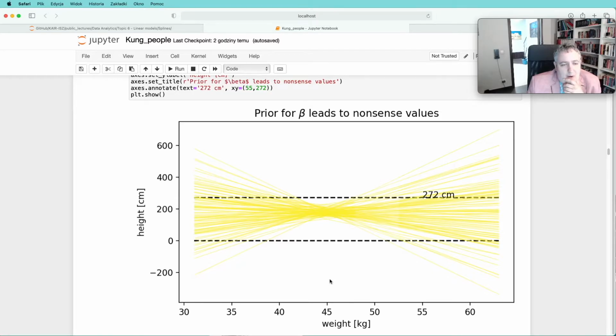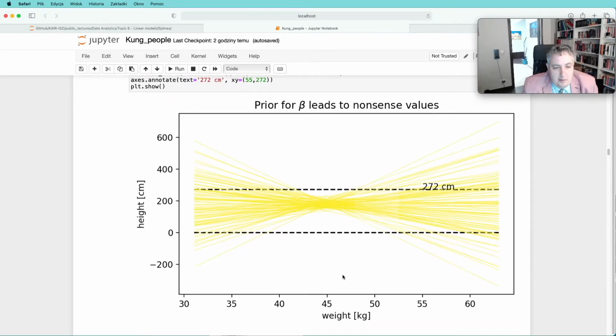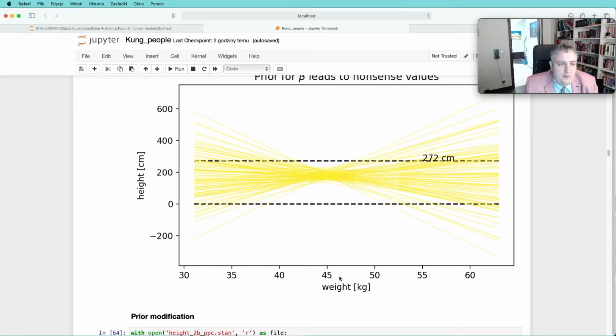The problem is that our model gets us too large values and certainly too small values, because it can get you very small negative values, and that makes no sense. So this prior for beta is not good. It allows us to get negative slopes, which is generally not justified, and it's problematic. That's why we will change this prior. This is why we are doing predictive checks. This prior makes no sense.